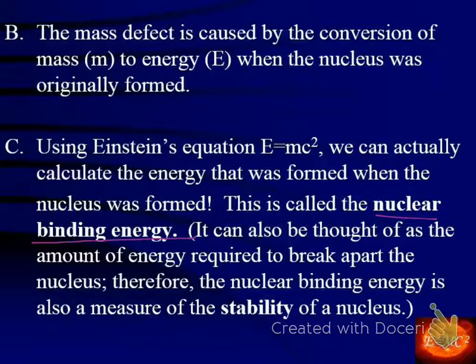It can also be thought of as the amount of energy required to break apart a nucleus. So if we're trying to do a nuclear fission reaction where we break them apart, that would tell us how much energy could be released.